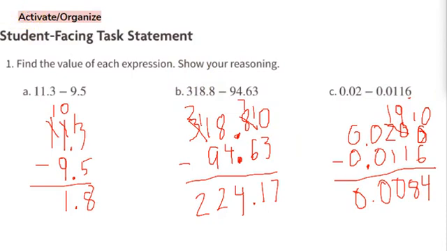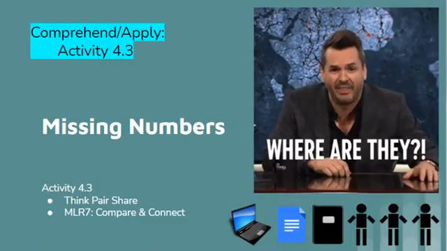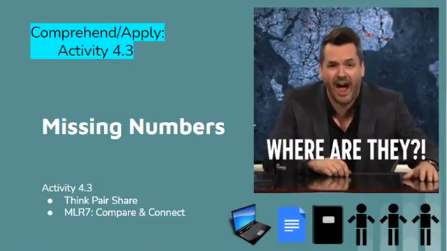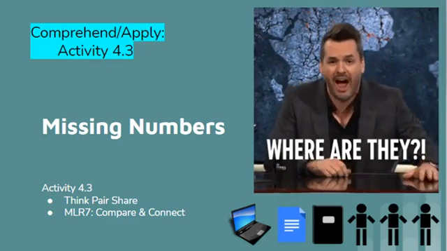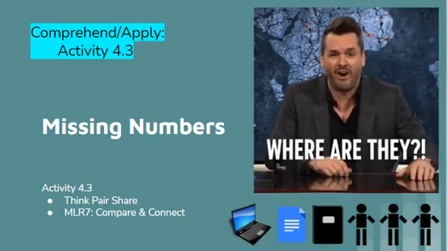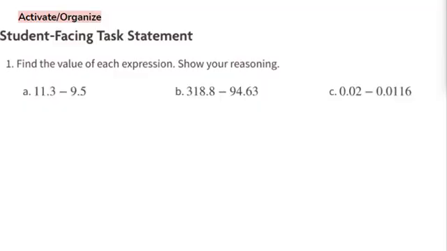Let's look at some missing numbers. So in those previous ones, we talked about numbers that were, let me go back there real quick. These were horizontal setup, right? But when I went through and solved them, I did them vertically.